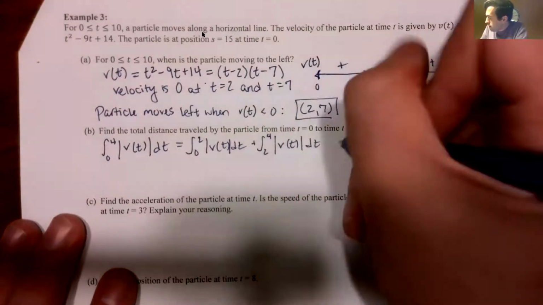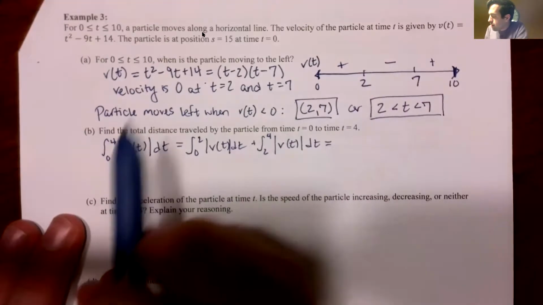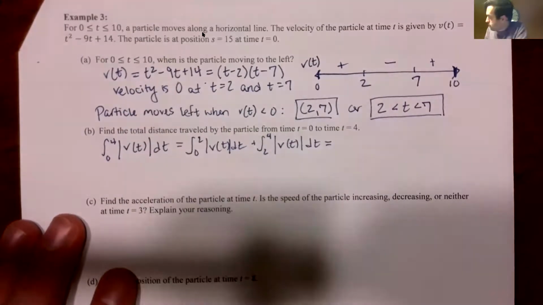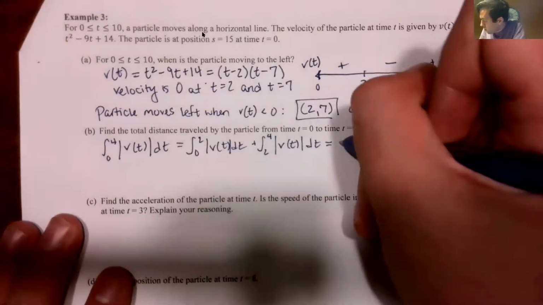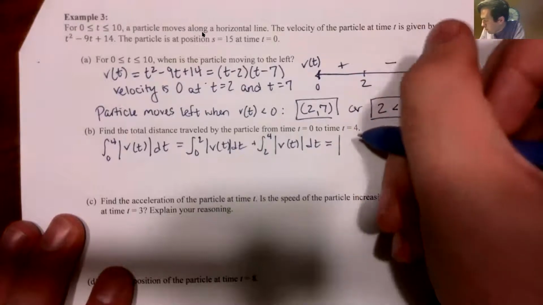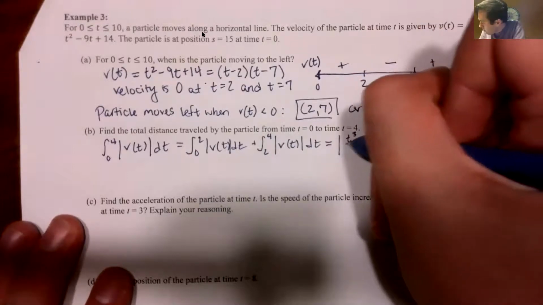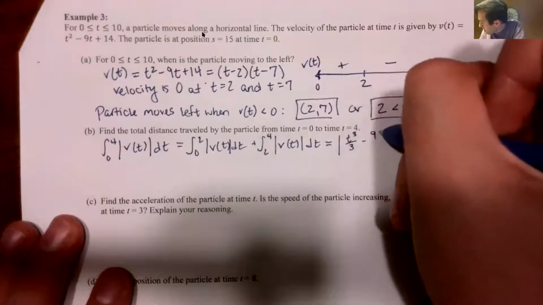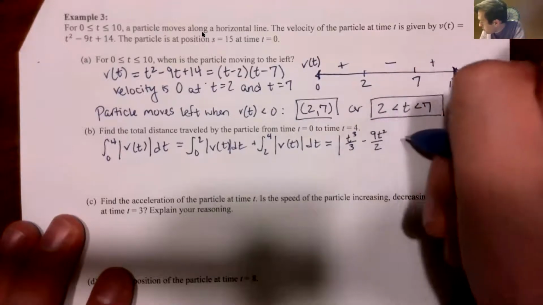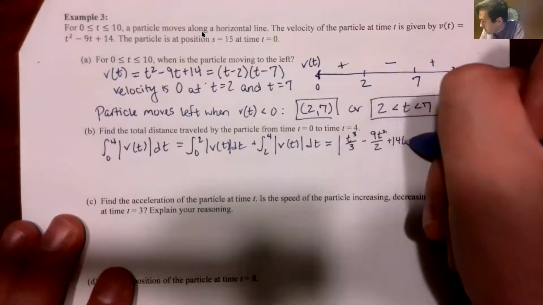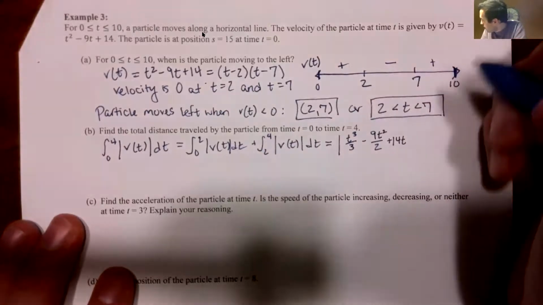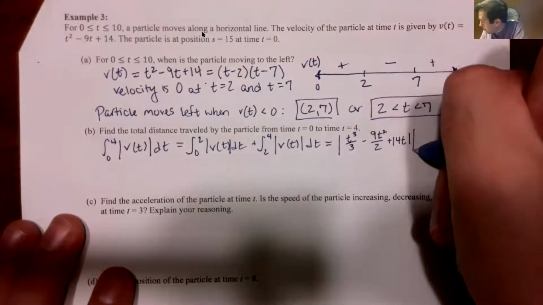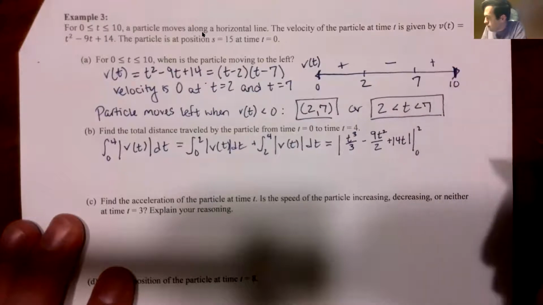All right, and so we have a velocity function that is not hard to integrate. So we're going to do this by hand. So we have the absolute value of t cubed over 3 minus 9t squared over 2 plus 14t, and we are going to evaluate that from 0 to 2.